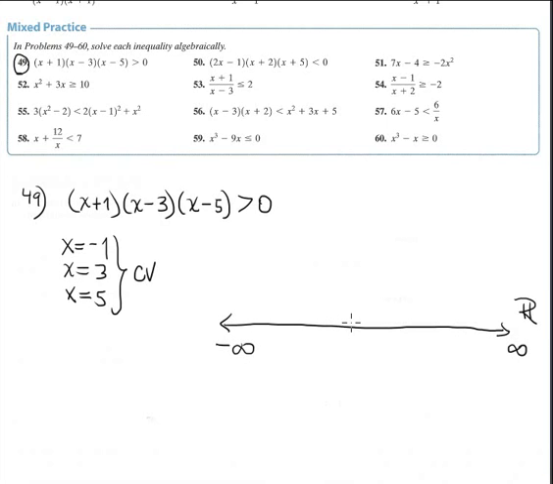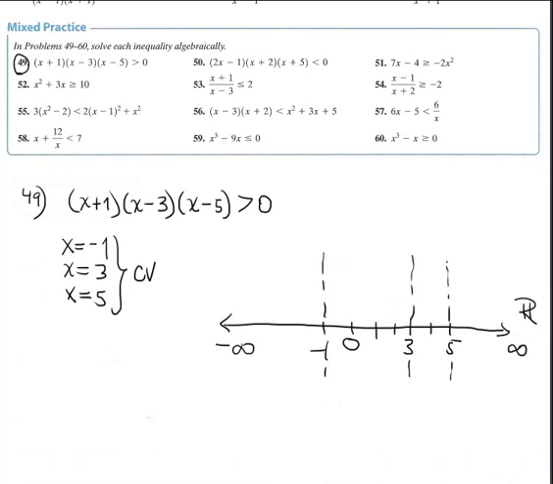We have 0 here, negative 1, positive 1, sorry, 2, 3, 4, and 5. Okay, we have one partition here, another partition here, and another partition here.